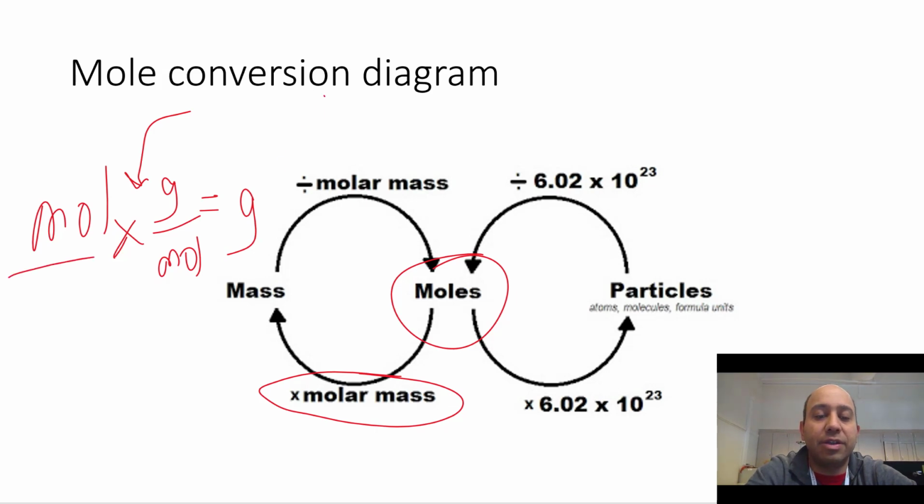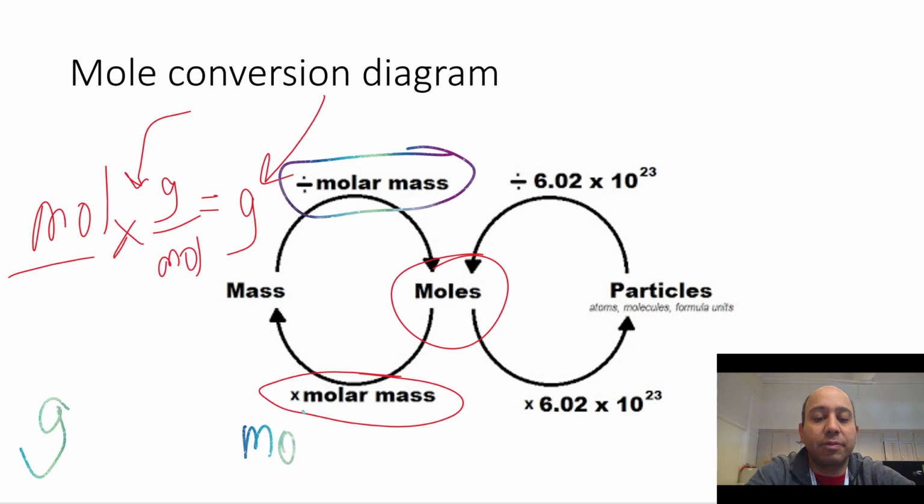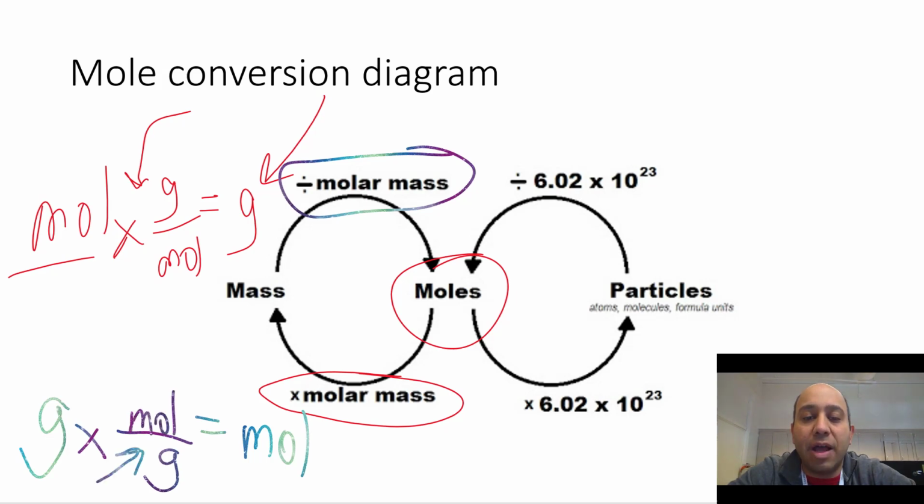Here's the given, here's the answer. When you want to go the other way, from mass to moles, you divide by molar mass. That's because when you start with grams and you end up with moles, the grams goes on the bottom and the moles goes on the top. So you're actually dividing by the molar mass. Again, here's where the given is and here's where the answer goes.